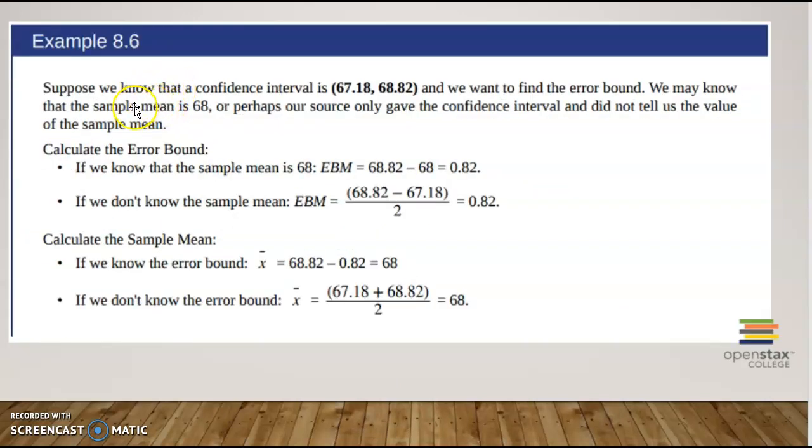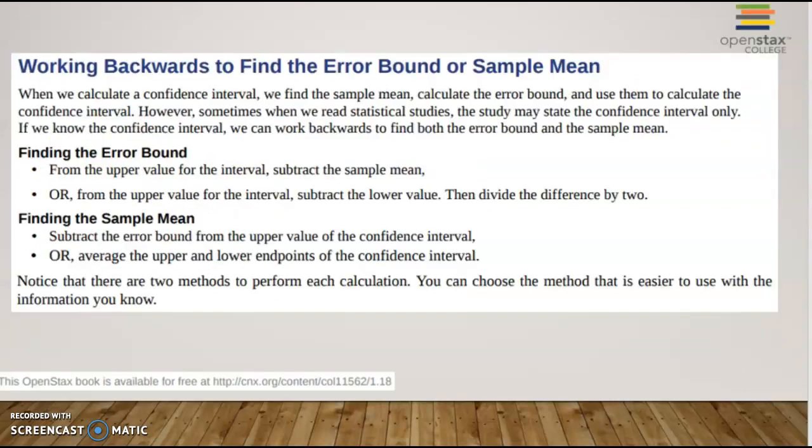So here you go. Suppose we know that a confidence interval is 67.18 to 68.82, and we want to find the error bound. We may know that the sample mean is 68, or perhaps our source only gave you the confidence interval and did not tell you the value of the sample mean. To calculate the error bound, these are the 2 ways. Upper value for the interval, subtract the sample mean.